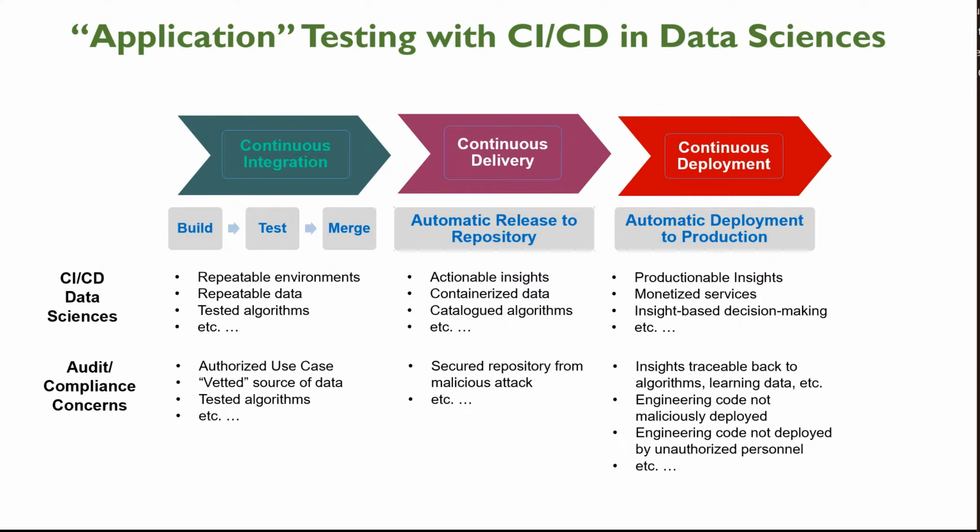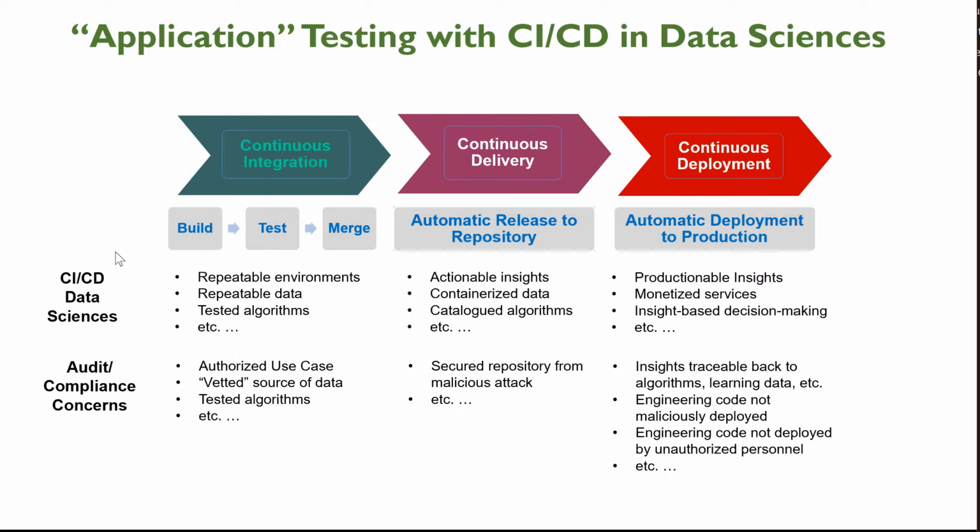So the other perspective or context for application testing is when we do data science. Data science by itself has many challenges, and the answer for that is for us to use CI/CD, continuous integration and continuous delivery.